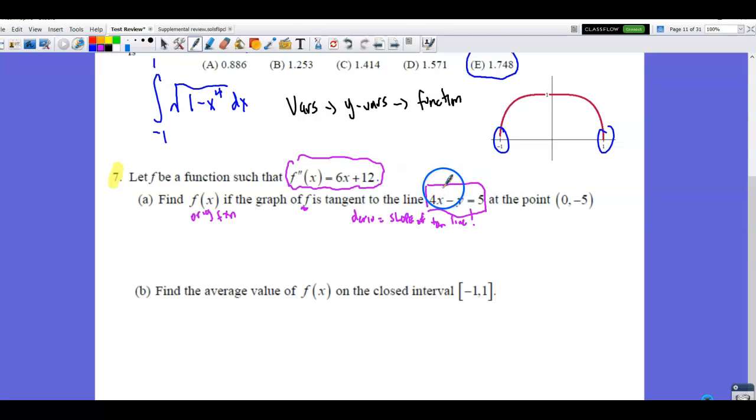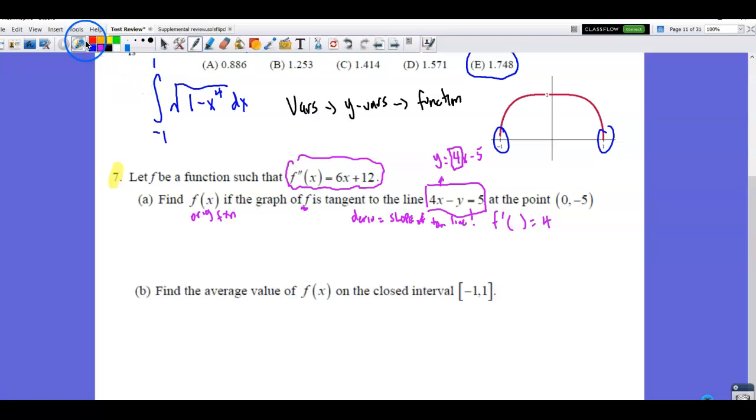If I get y by itself for this linear equation, I'll subtract 4x and then divide by -1, and that'll give me y equals 4x minus 5. So the important thing here is the slope, or the derivative, f prime of some number is 4.